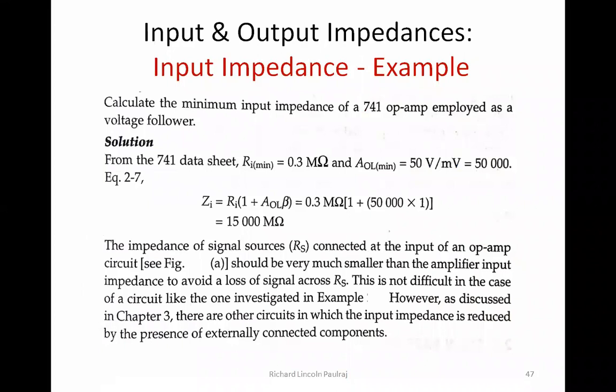I have just put up some additional information as to what are the takeaways from this problem. The impedance of the signal source, which is RS, is connected at the input of an op-amp circuit.